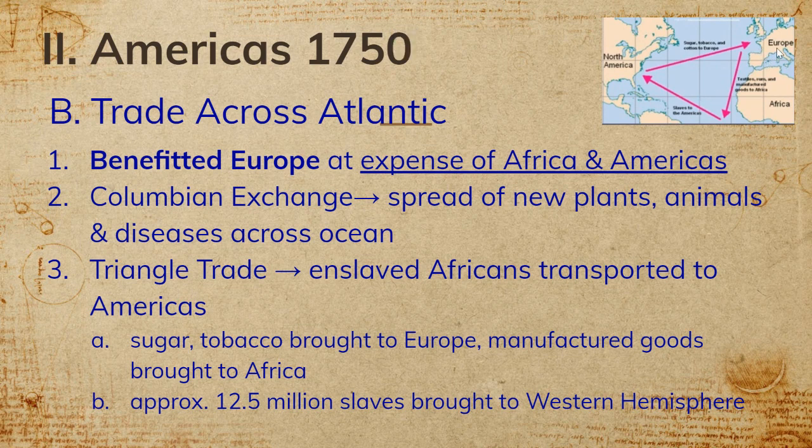Because this is really the first time that people, plants, animals from Europe are brought to the Americas and vice versa. And actually a lot of items that we always assume have been in these regions forever, like corn in the Americas, and potatoes and tomatoes, etc. in Europe, they actually had not been in those regions until this Columbian Exchange.